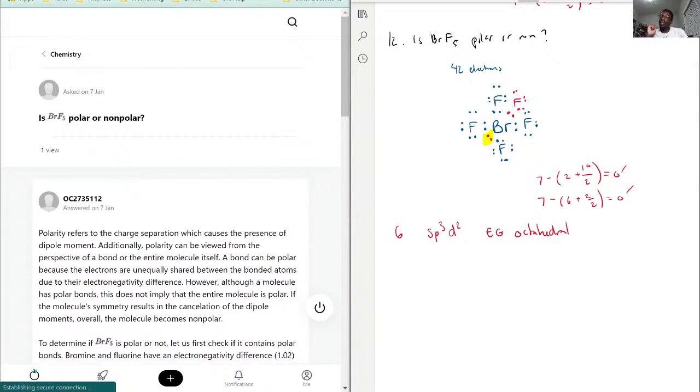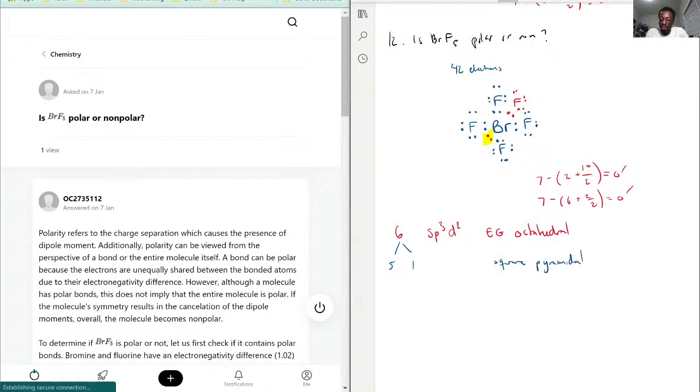Now, that doesn't give us our answer just yet. We have to factor in what type of things are attached to it. We do have 5 bonds, yes, but as we said, 1 lone pair. Because of that, the shape is known as square pyramidal.